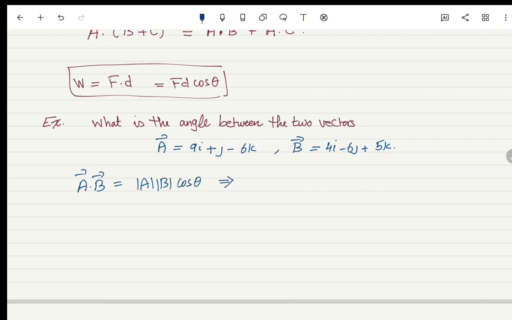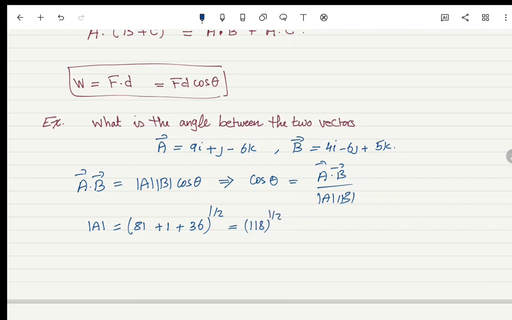From this, cosine theta is equal to A dot B divided by magnitude of A, magnitude of B. Now let's find the magnitude of A, which is equal to 9 squared, it's 81, plus 1 plus 6 squared is 36, all to the power half, or in other words, square root of 118.